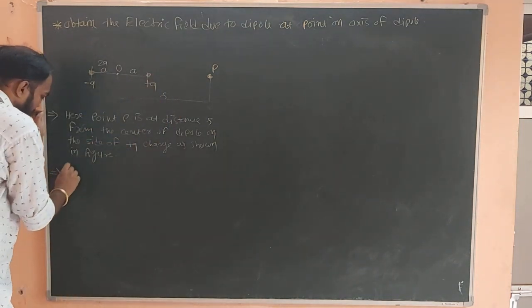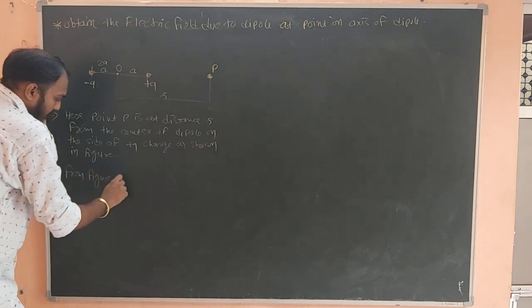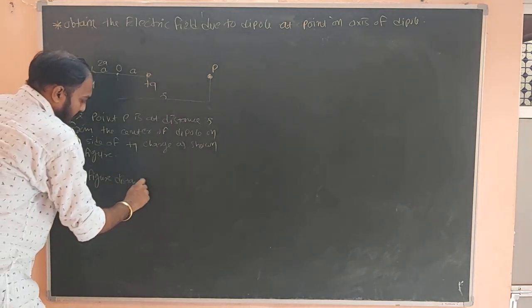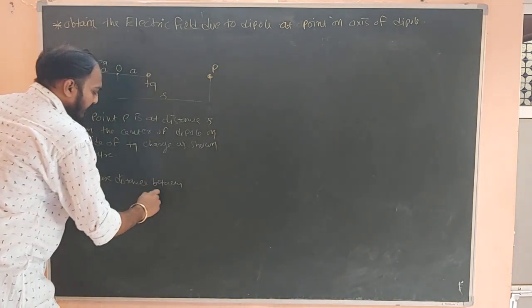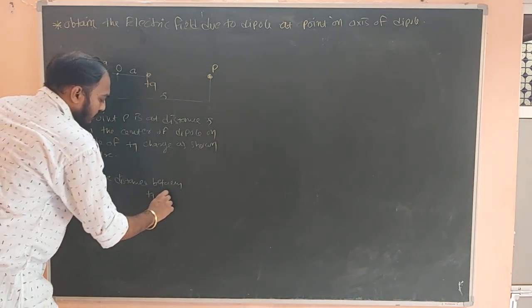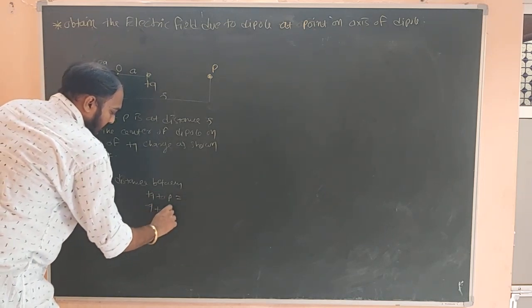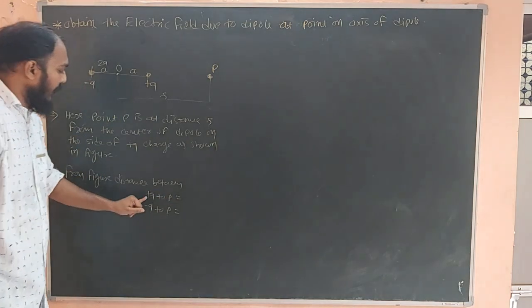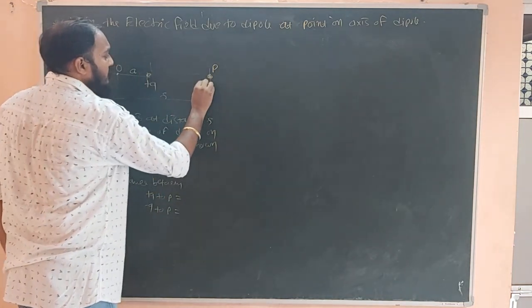Okay, from the figure, the distance between plus Q to P and minus Q to P. Now, plus Q to P distance, we want to find this distance. What will be the distance?